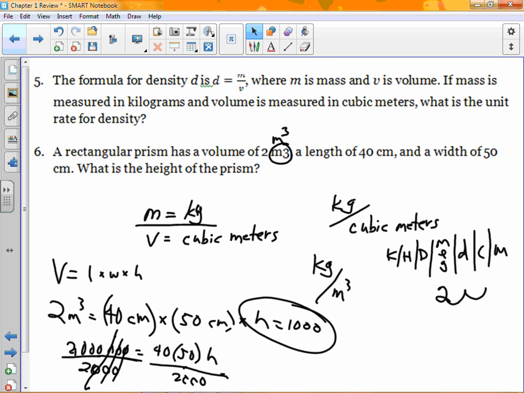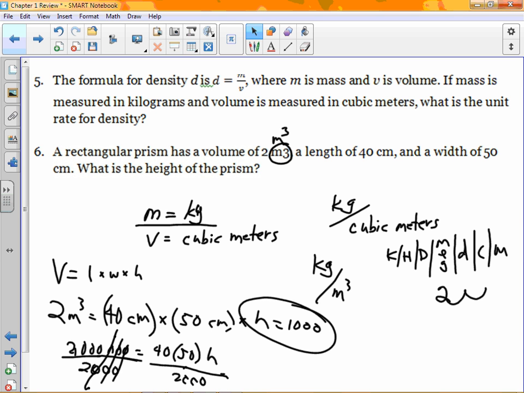This happened earlier in the day. If you look back on some of these other problems, there were some things that happened in the earlier problems that were pretty tough because it said a rectangular prism has a volume, and I know this is going backwards, but I just want to talk to you about this concept. A rectangular prism has a volume of V equals 2 cubic meters, but look what the question is in.